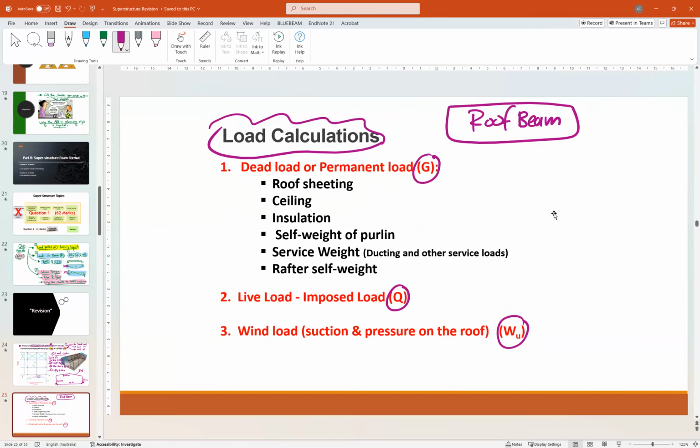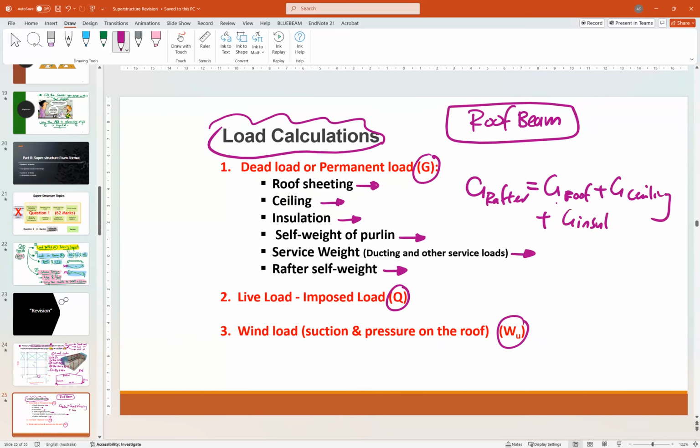That's why the load components are roof sheeting, ceiling, insulation, self weight of the purlins, surface load, and rafter self weight. So G for rafter or G total will be the summation of all of this: G roof sheeting plus G ceiling plus G insulation plus G purlin plus G surfaces plus G rafter.